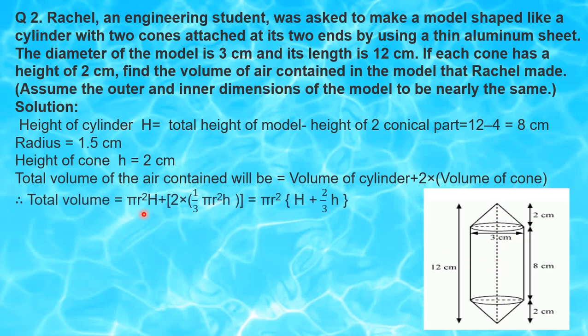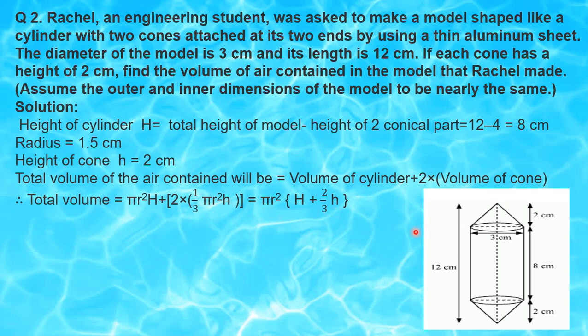Now by putting the values, volume of cylinder, as we know that pi r square h plus 2 times of volume of cone is 1 upon 3 pi r square h. Now here h and h are different. We are considering capital H for the height of cylinder, whereas small h denotes the height of the cone.